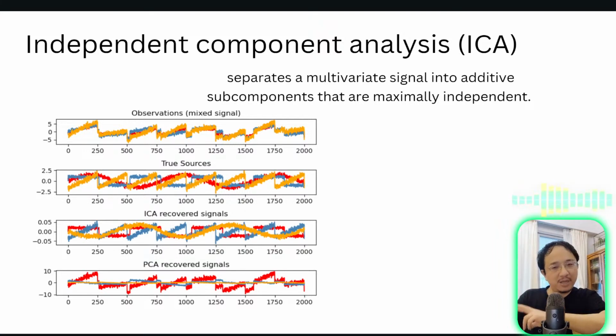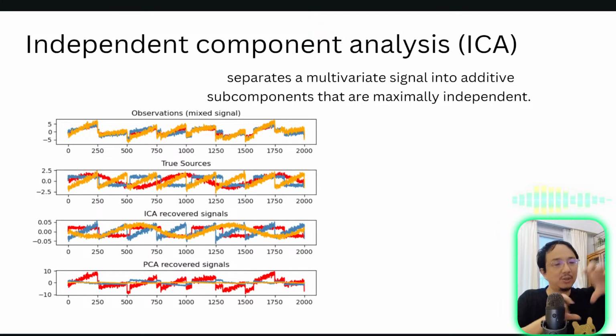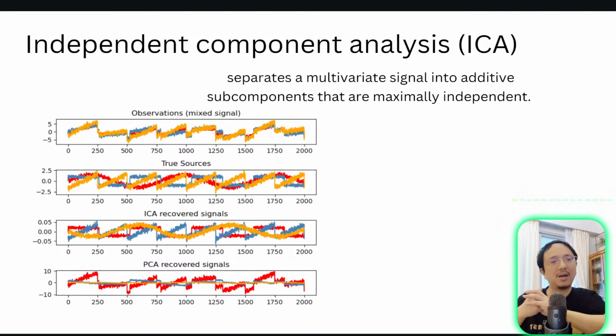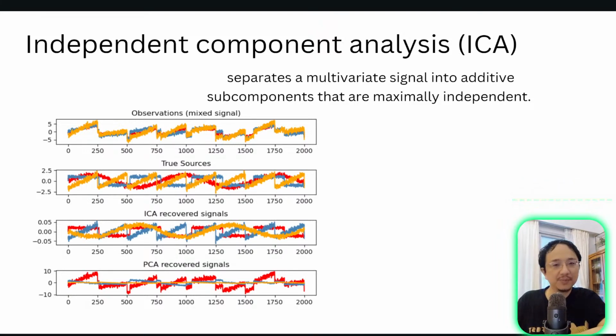If you measure the heartbeat, you probably get something mixed up of the baby's heartbeat and the mother's heartbeat. But ideally, the baby's heartbeat and the mother's heartbeat are independent of each other. So if we can separate this signal into 2 independent signals, then we can separate the baby's heartbeat and the mother's heartbeat.